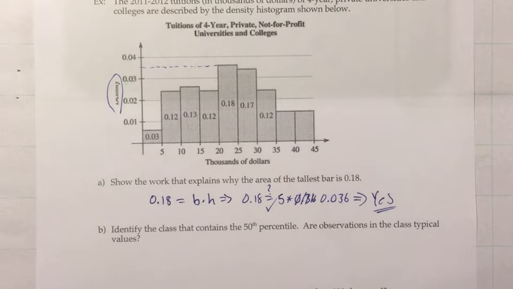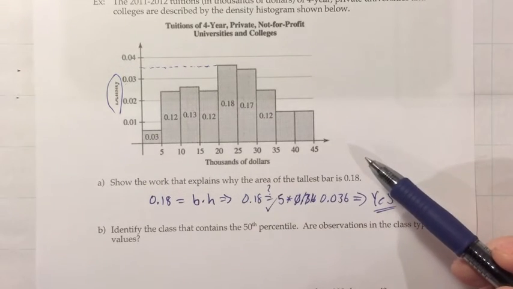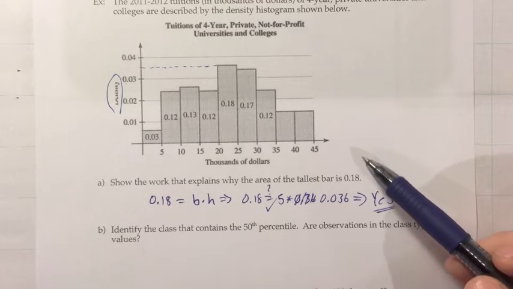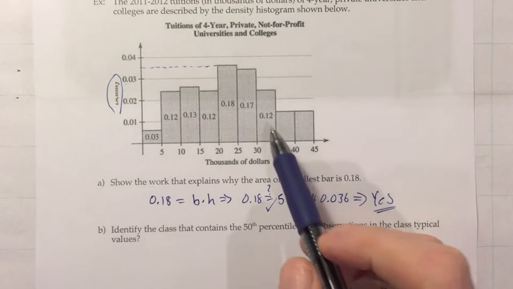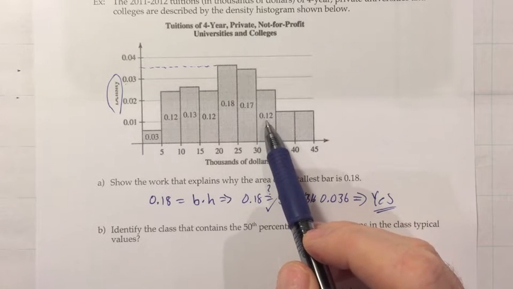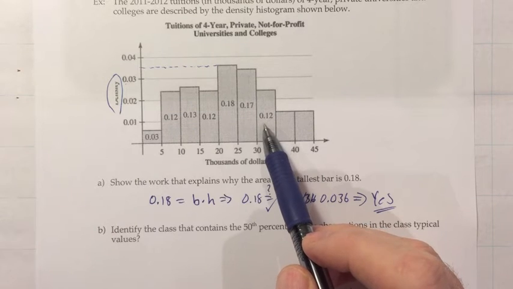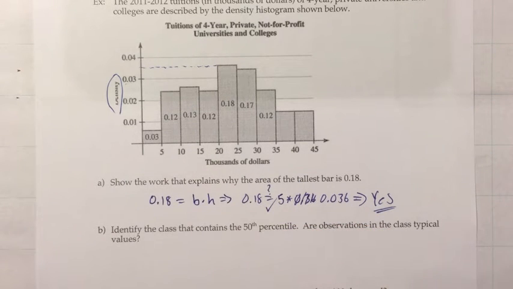And it turns out in stat we use that idea a lot, where the total area is 1 of a graph, and that 1 represents relative frequency. So we want to get in the habit of thinking of area of a bar as representing the relative frequency, but that only works if it's a density histogram.